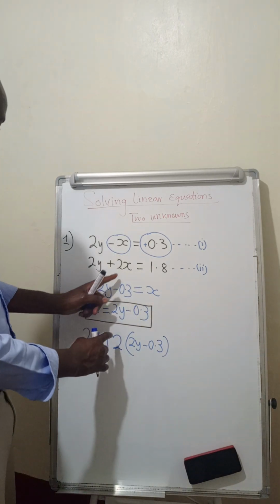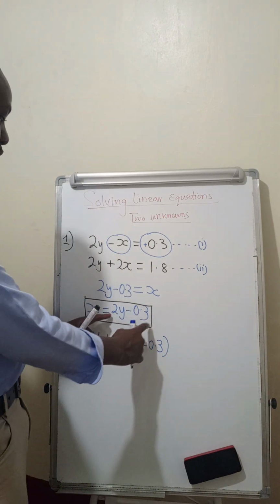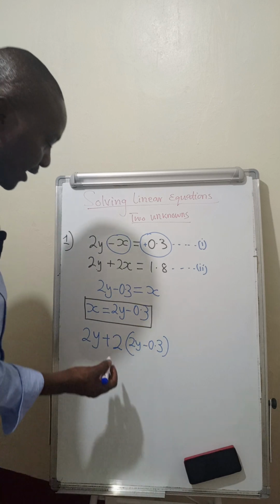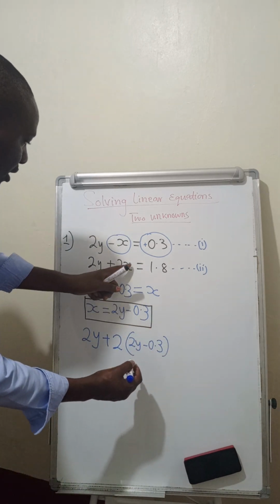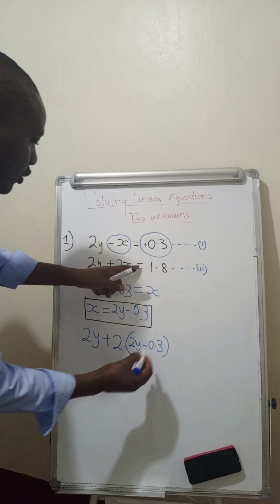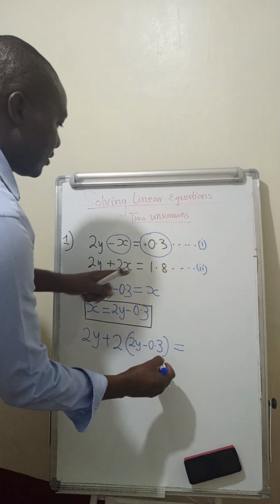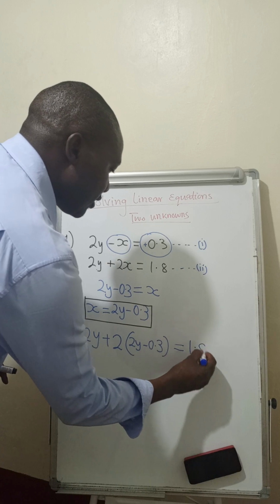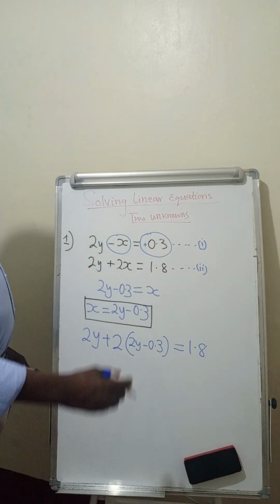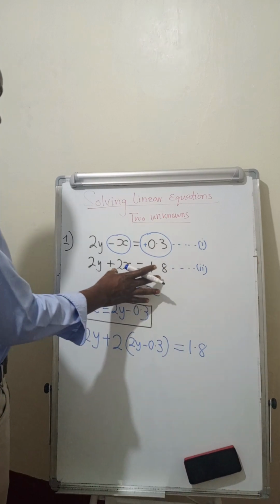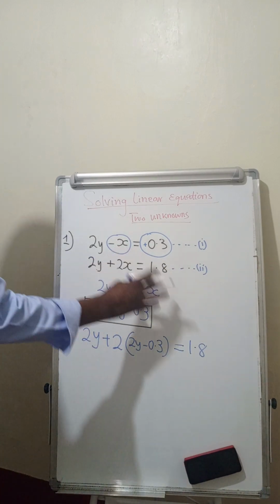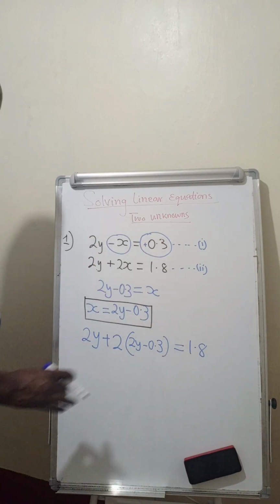Where there is x now, we are putting the value of x. Let's continue. 2x, then equal sign, then 1.8. We have expressed equation 2 in terms of y to replace the value of x.